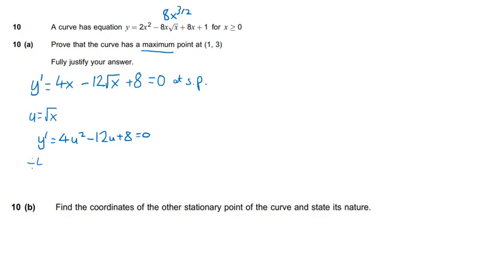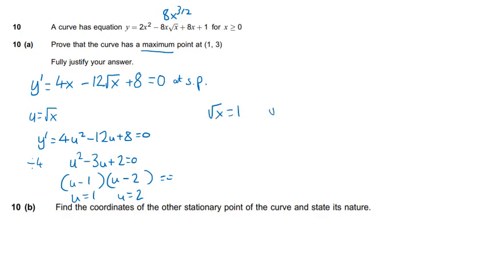So divide by 4, we get u squared minus 3u plus 2 is 0. So u minus 1 or u minus 2 is 0. So u is 1 or u equals 2. Okay, so we've got root x equals 1 or root x equals 2. So x equals 1 or x equals 4.